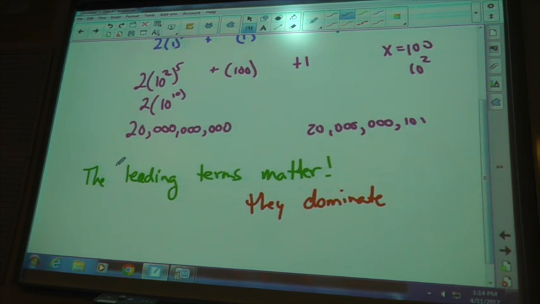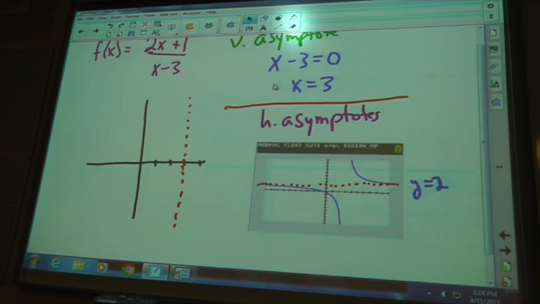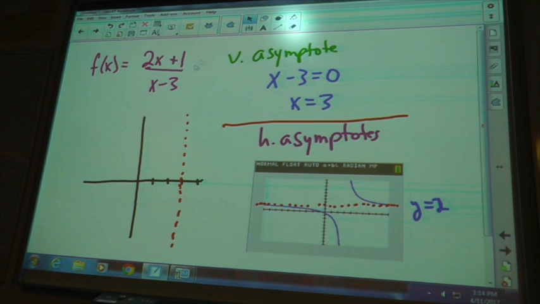So when we go back to this previous one, I'll just copy and paste it over here. Do we really care about this 1 and this 3 as time goes on? They're not growing, but here these are growing, right?